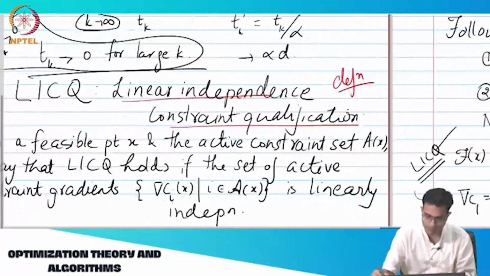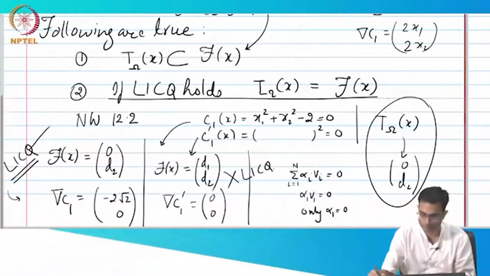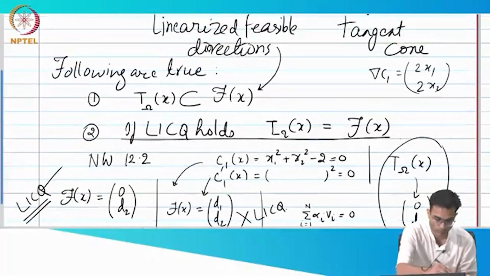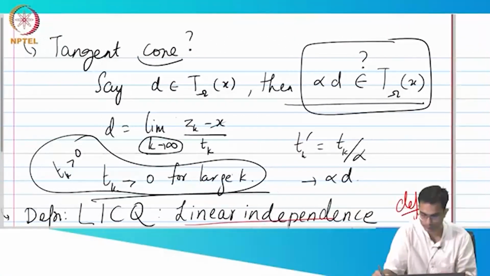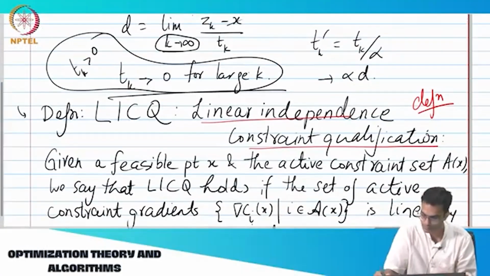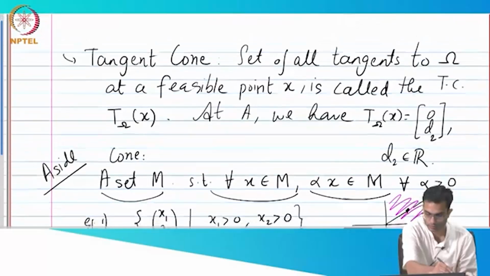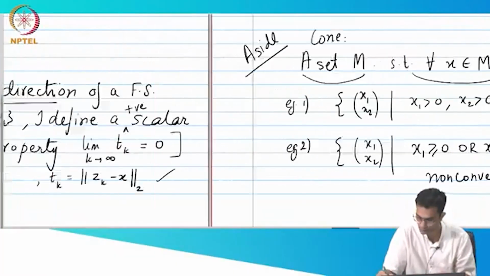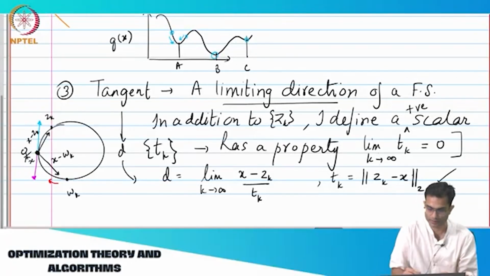Intuitively, okay. So how did I get the tangent cone to be this one?